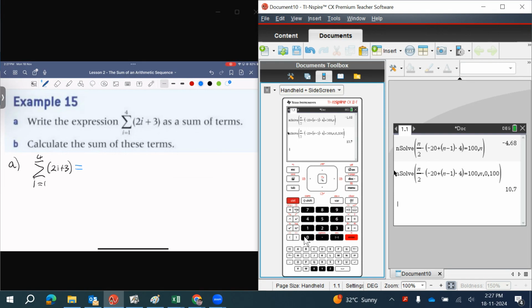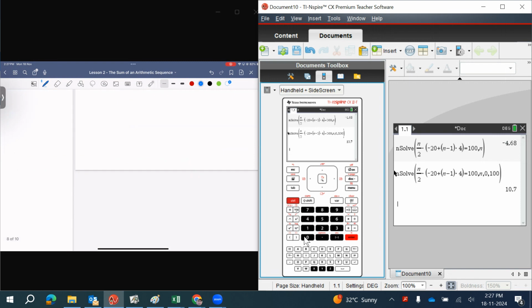What's the first value I will take? 1. So we have 2 times 1 plus 3. What's the next term in the sequence? It's going to be 2 times 2 plus 3. What will the next term be?